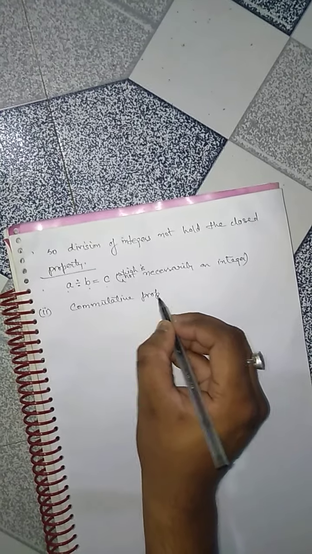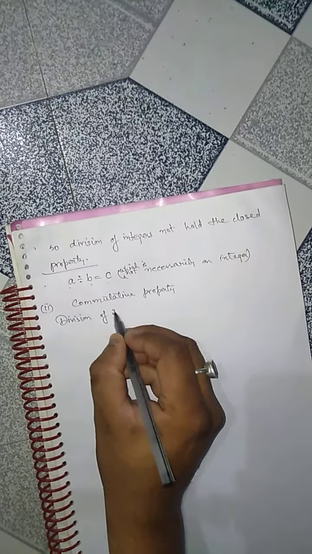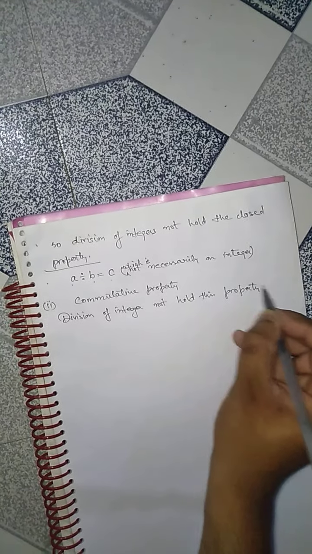Okay, second one is the commutative property. Division of integers does not hold this property. Let me state what the commutative property is.